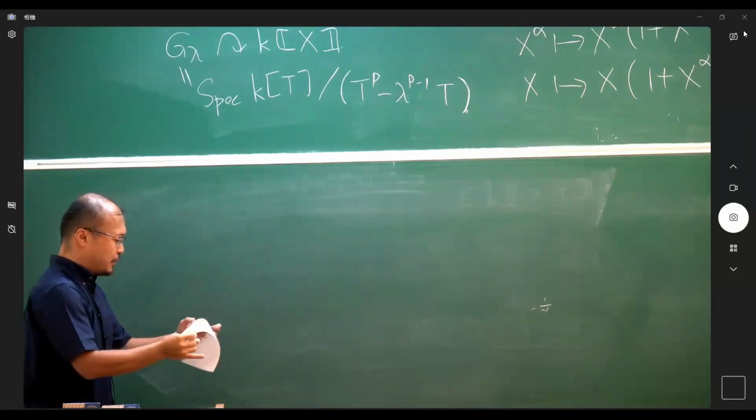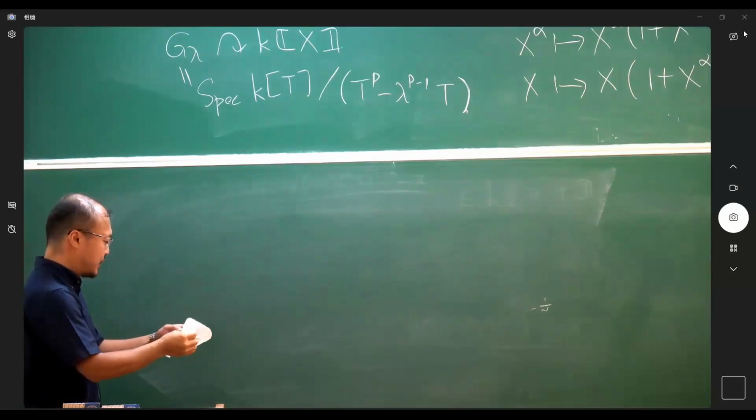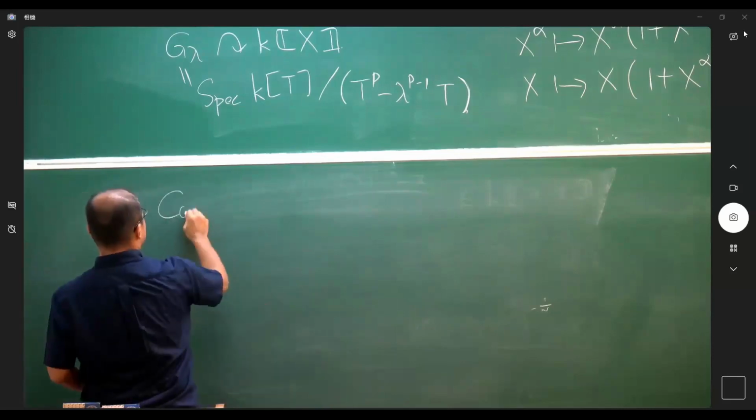So I want to mention some conjectures related to this problem.